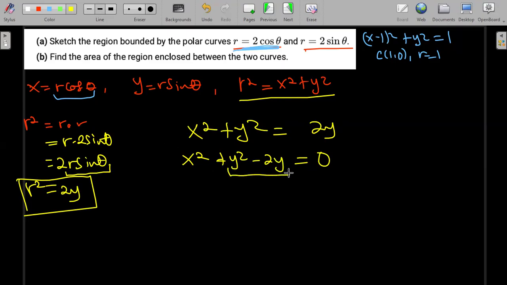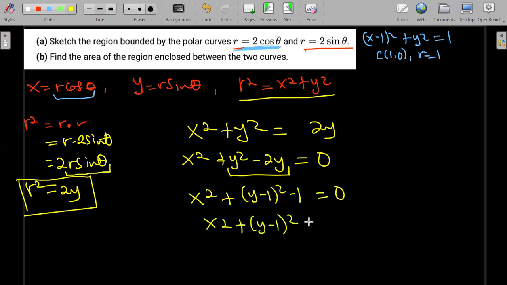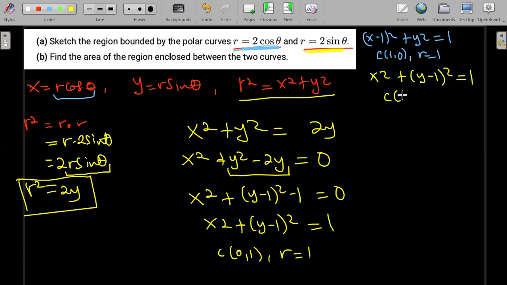I have to complete the square there, so this will be x squared plus y minus 1 squared minus 1 equals 0, so x squared plus y minus 1 squared equals 1. This is just a circle with center (0, 1) and radius 1.